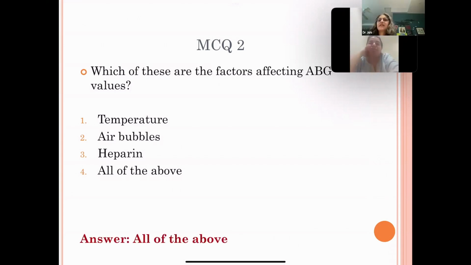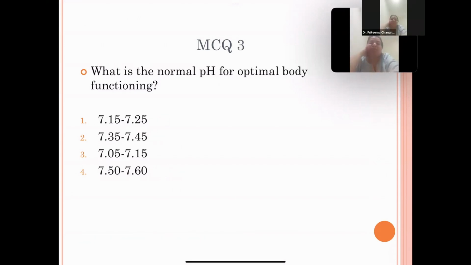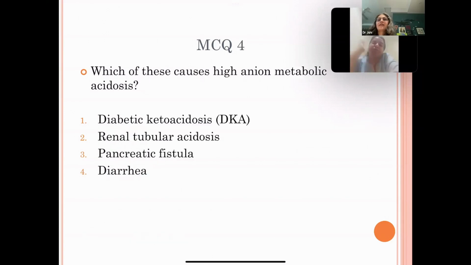Great. Okay, so everybody is listening. Third MCQ. What is the normal pH for optimal body functioning? 7.15 to 7.25, 7.35 to 7.45, 7.05 to 7.15, 7.50 to 7.60. All 4 candidates answered 2. Option 2. Great. Very good.